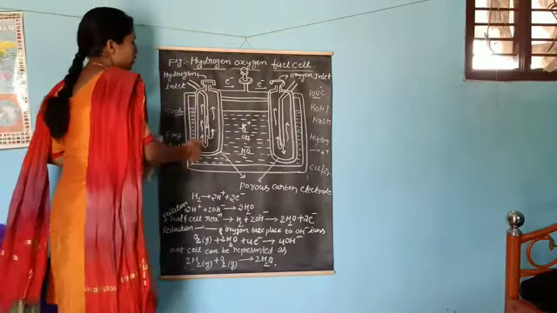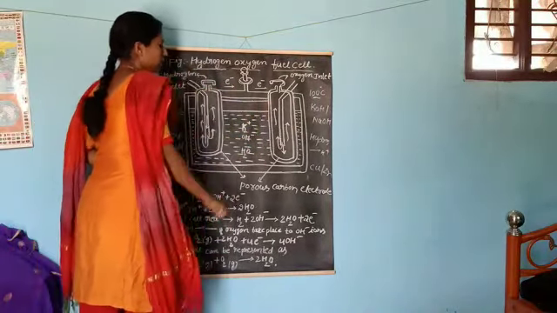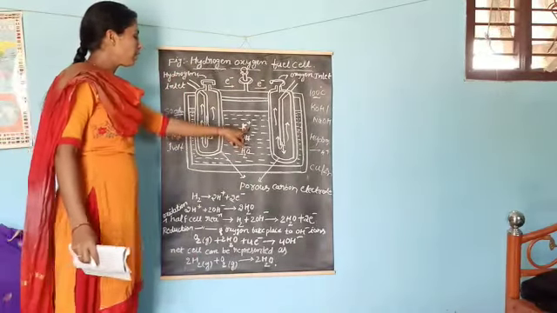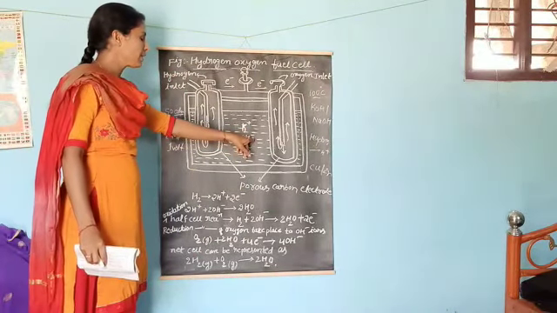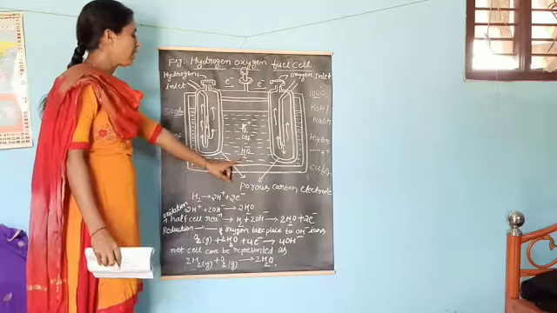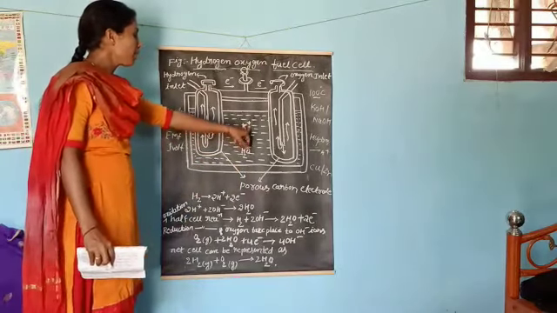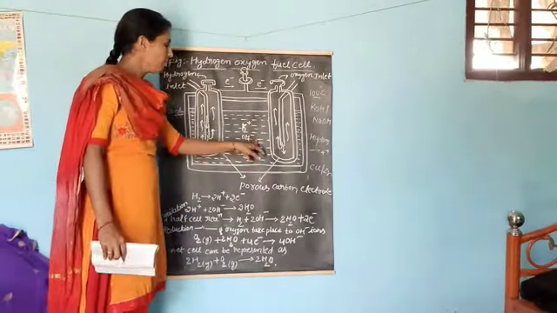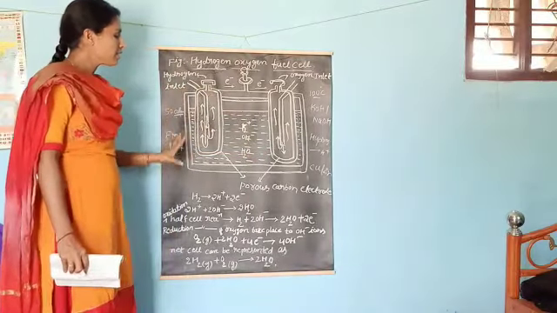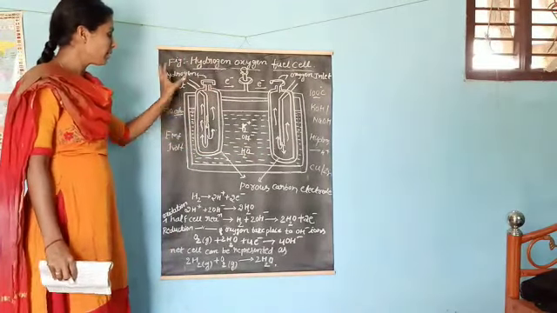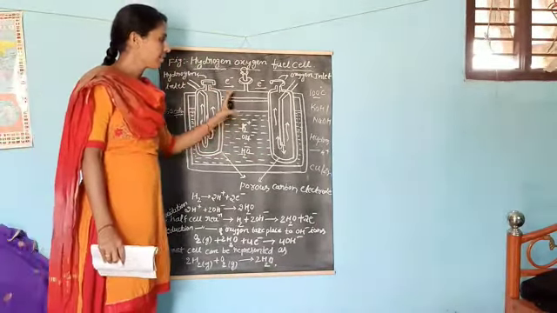K plus is the cathode side and OH minus is the anode side, surrounded by the KOH solution as shown in the figure.